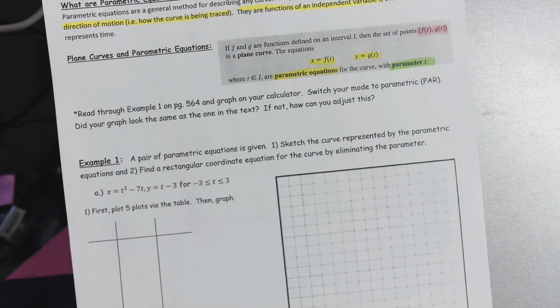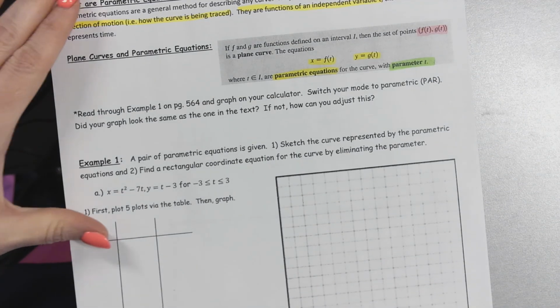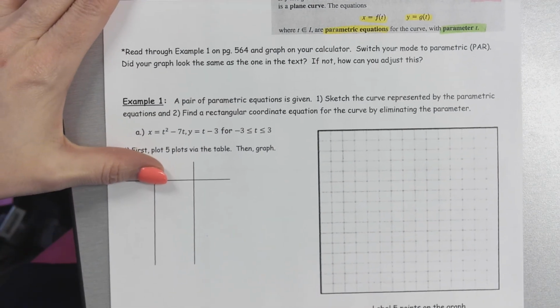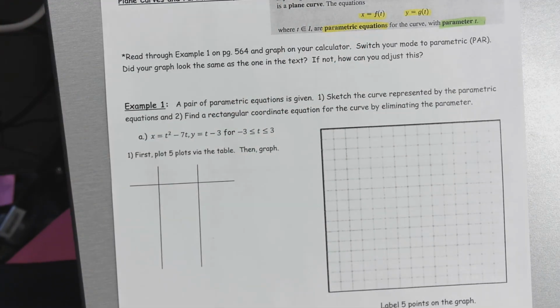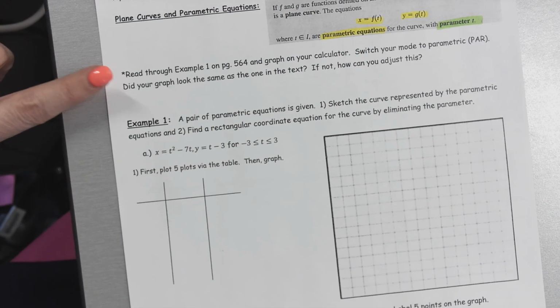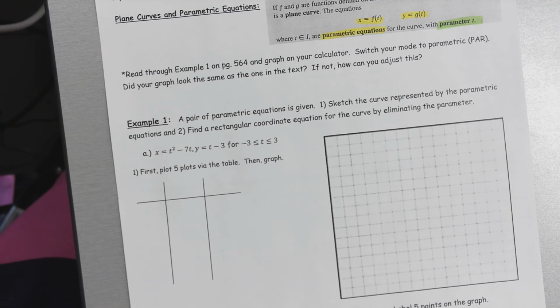And we're going to be graphing example 1. Okay, so it says to read through this and then switch your mode. And what you're going to answer is, did your graph look the same as the one in the text? And if not, how can we make an adjustment?